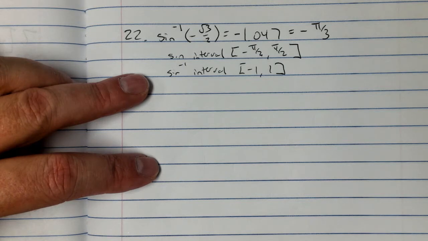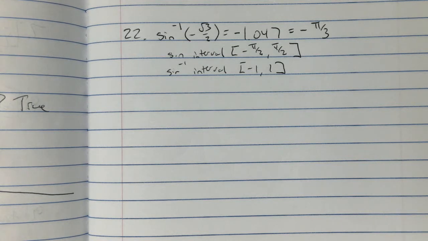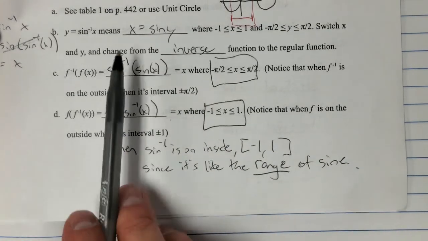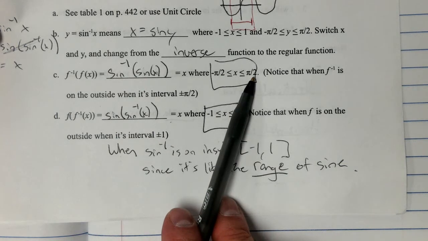Think about the best way to word this. Okay, so from our notes, when we were talking about sine, we had negative pi halves to pi halves.